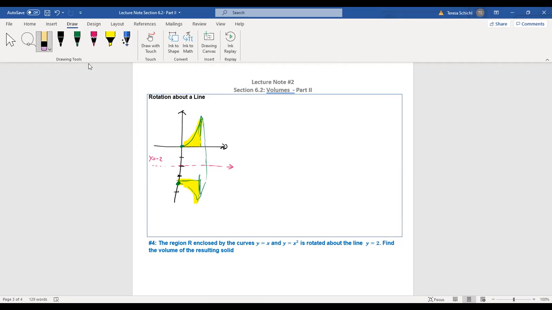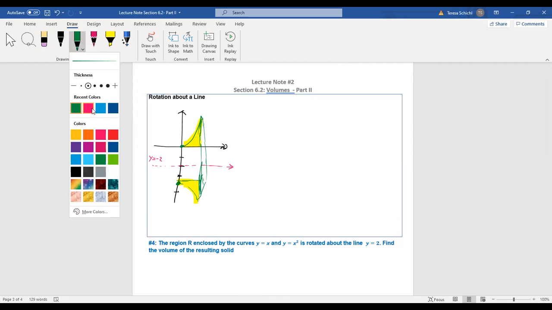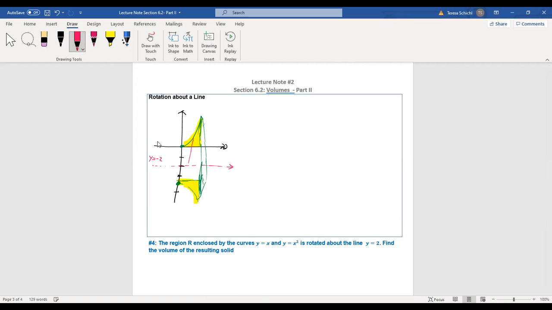That's why I always say to make sure you draw pictures. Now I'm doing the cutting the same way: you cut a slice here.